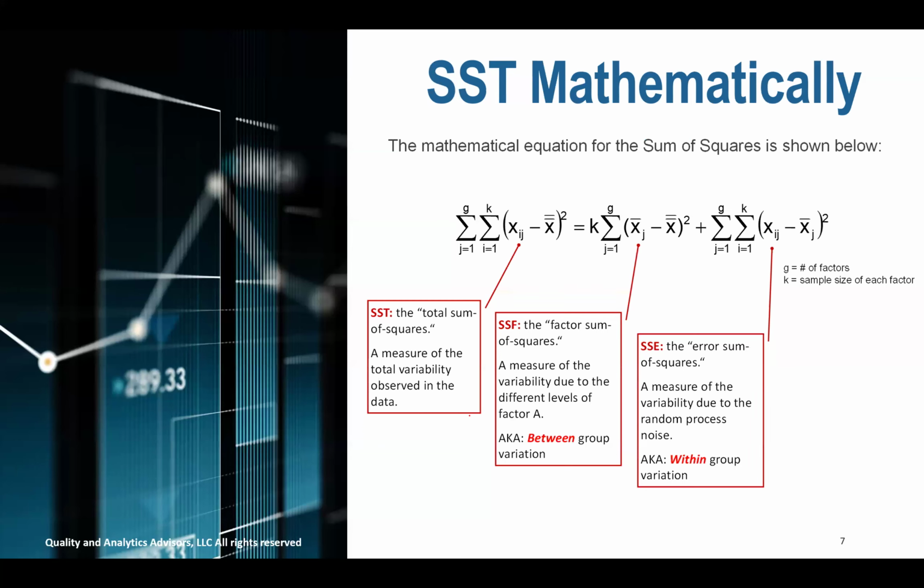We're going to square that distance because it can be negative or positive, so we don't want to offset any contribution to the variance. That's why in statistics, we add variances, not standard deviations. We're going to call that the sum of squares total, and as you can see on my slide, it is a measure of the total variability observed in the data.